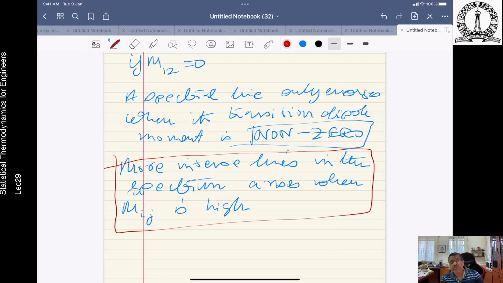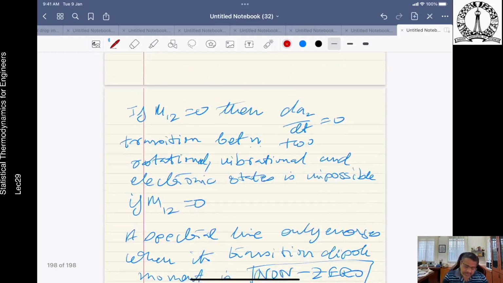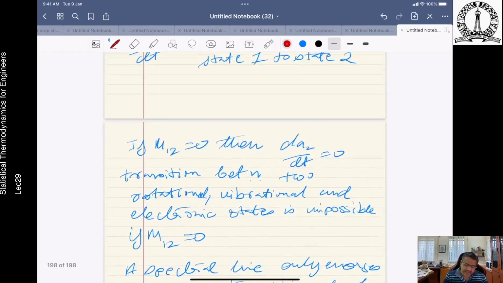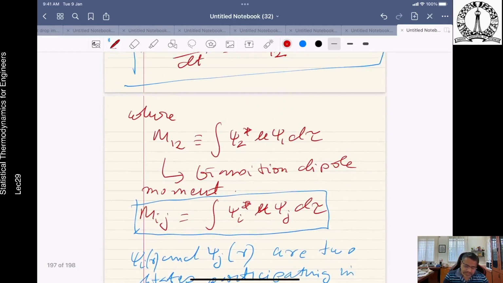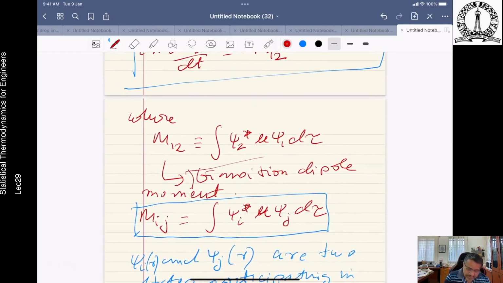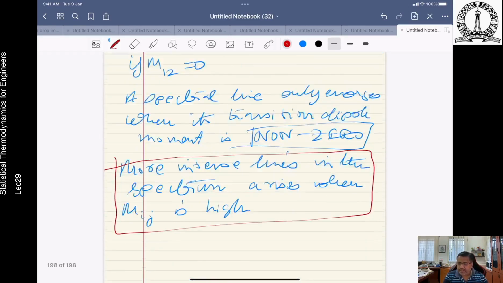So the transition dipole moment is the most important thing, which determines the allowable transitions. This has to be non-zero for us to have an allowable transition.